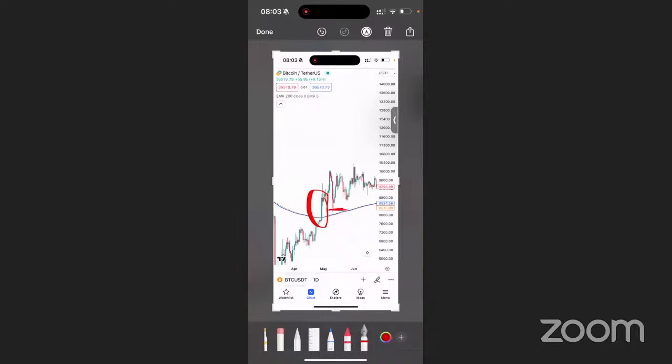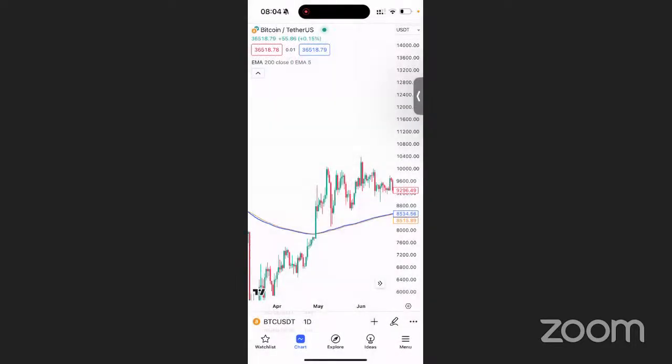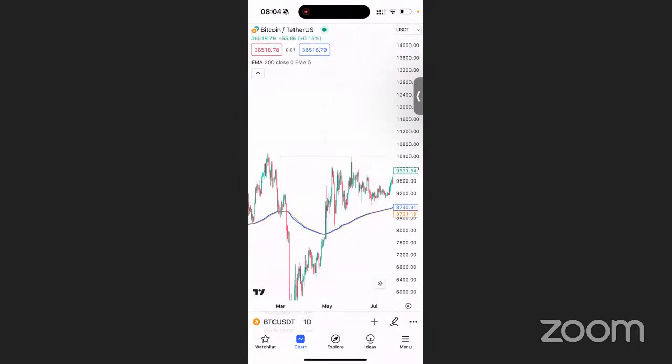This was around May in 2020, and that was the start of what we call the bull run that was going to go to a main run in 2021.